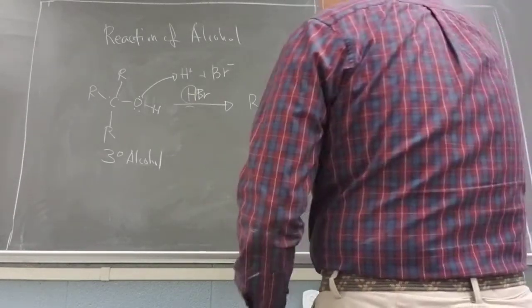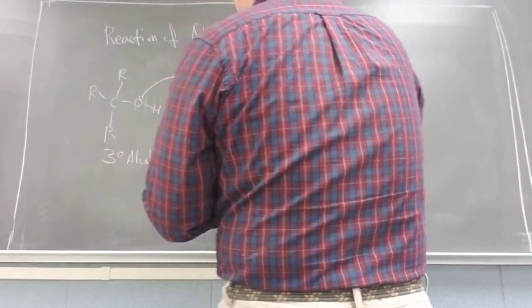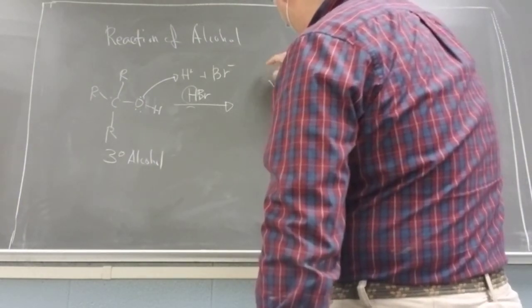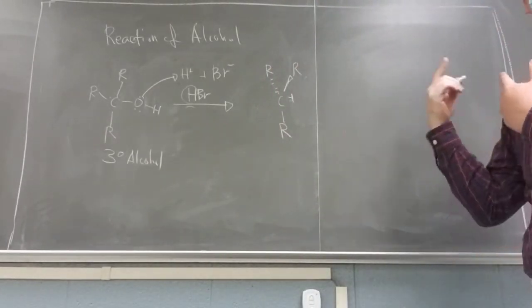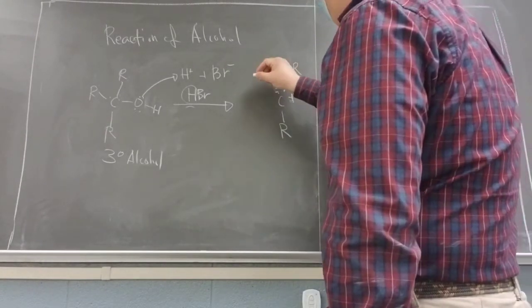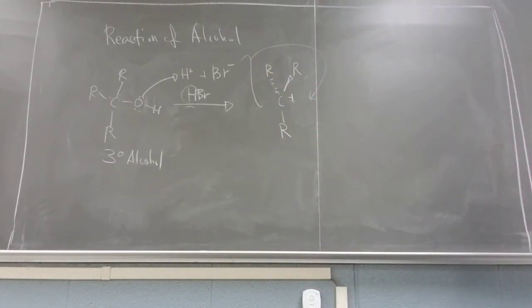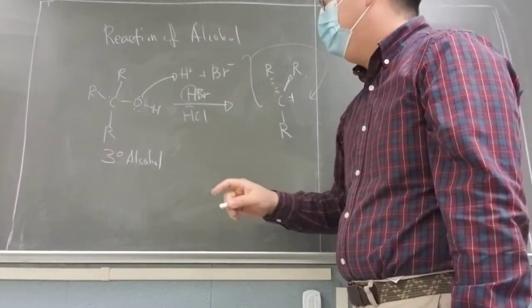After this, you're going to have a carbocation with a plus charge on it, because water just left. And then the bromine can come in. It's the same thing with HCl, hydrochloric acid.